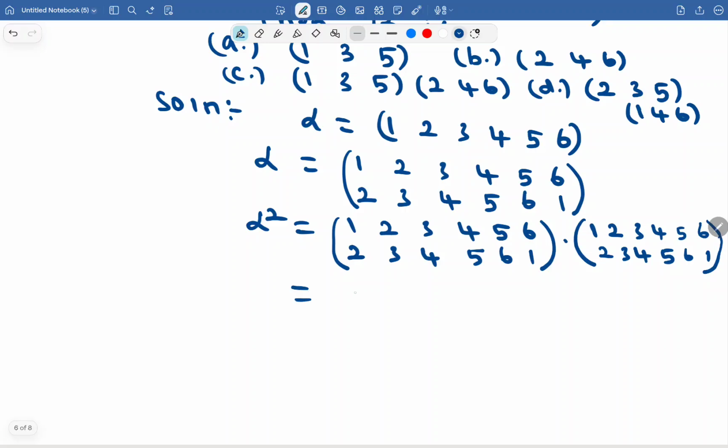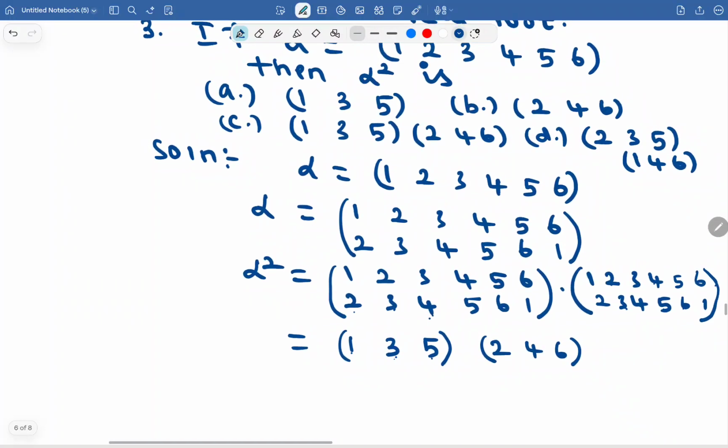1 maps to 2, but 2 maps to 3, therefore 1 maps to 3. 3 maps to 4 but 4 maps to 5, so 3 maps to 5. 2 maps to 3 but 3 maps to 4, so 2 maps to 4. 4 maps to 5 but 5 maps to 6, so 4 maps to 6.